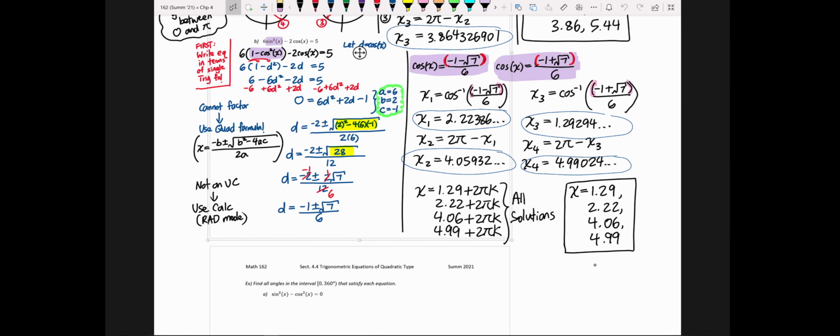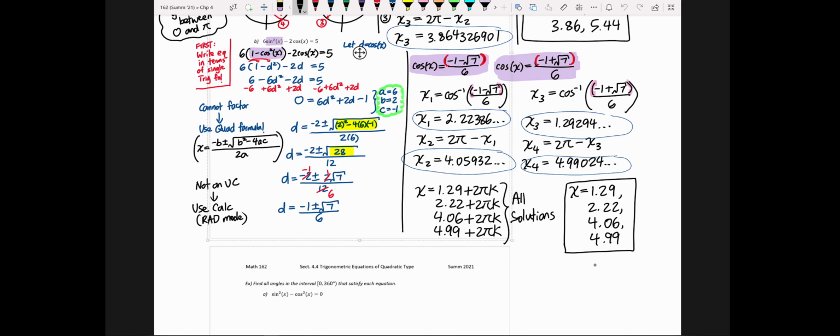Okay. After you've isolated the trig function, if you find that your input is on the unit circle, then you need to provide the degrees or radians in exact form. If your input is not on the unit circle, then you'll use your calculator to find the input by using the inverse trig function. The inverse trig function will only provide one answer in a restriction.